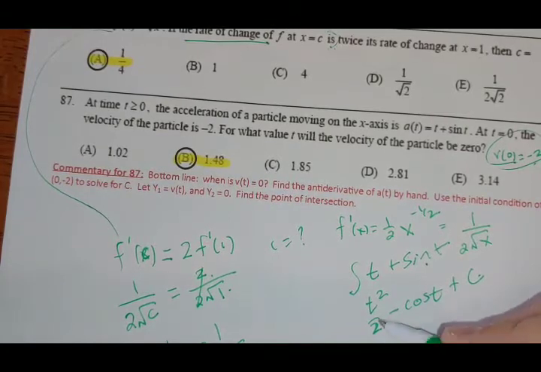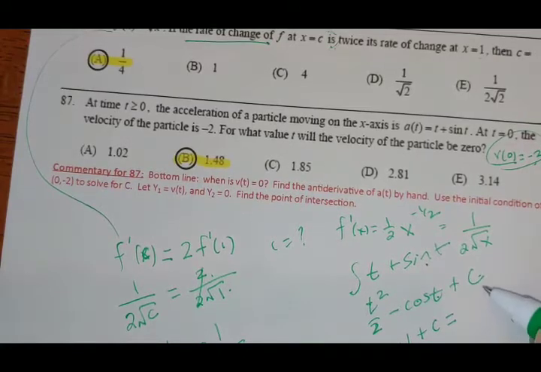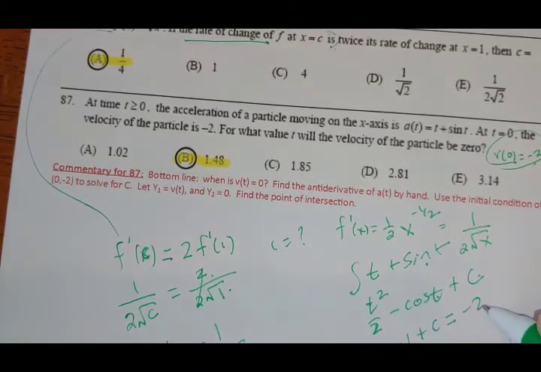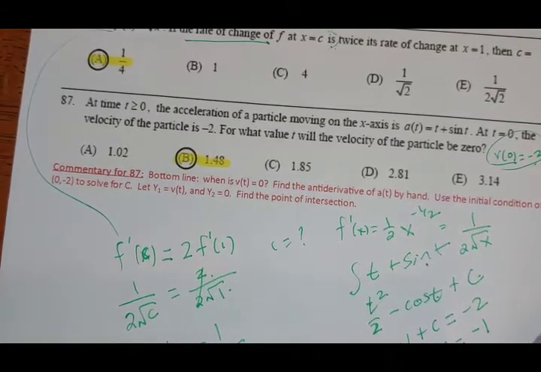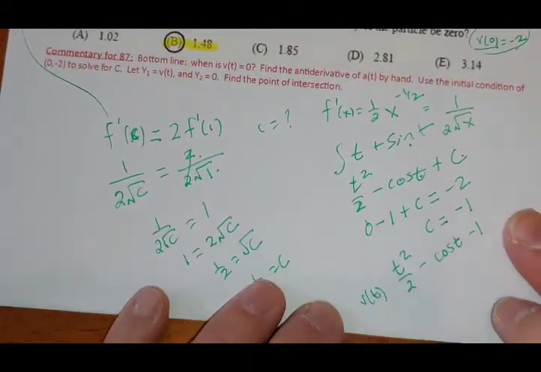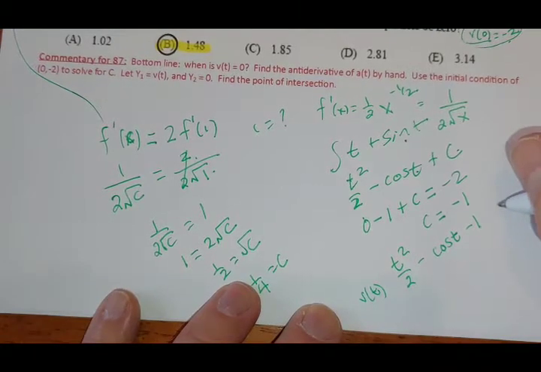So substituting 0 here, I get 0, the cosine of 0 is 1, plus c is equal to negative 2. So c is equal to, add 1 to both sides, negative 3? No: negative 1 added gives c equal to negative 1. So that gives me t squared over 2 minus cosine of t minus 1 as my velocity function. And we want to know when that's equal to 0.